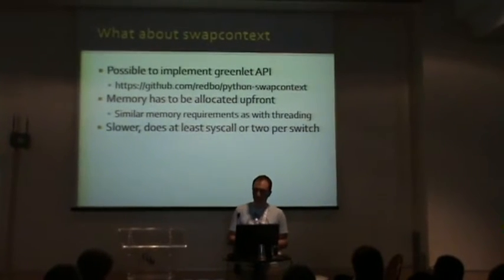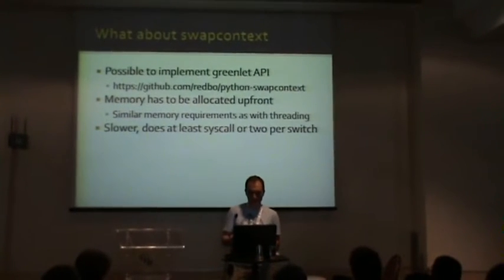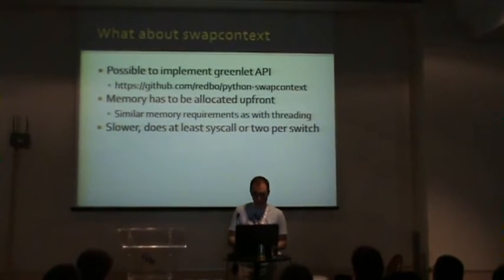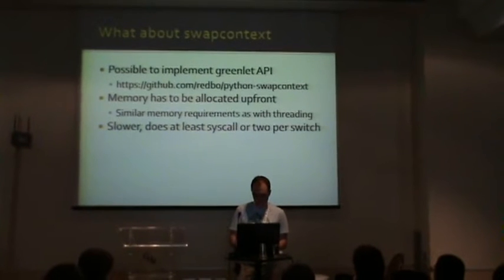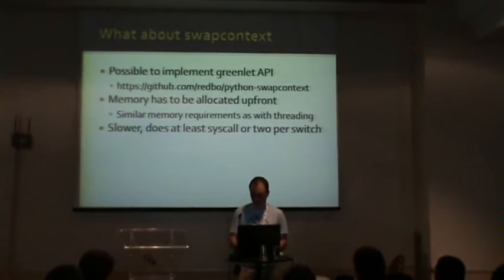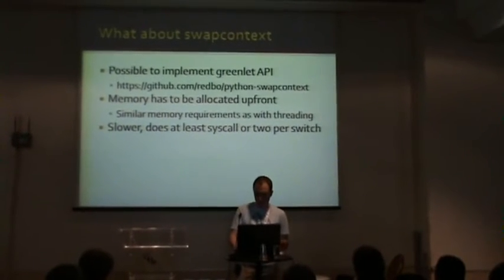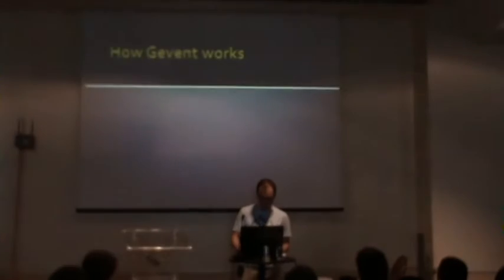It also happens to be slower than Greenlet because it does a syscall per switch. There is a really small subset of Greenlet implemented with swapcontext, mostly for benchmarking, not by me, but by Mike Barton, I think. And he did the checks.